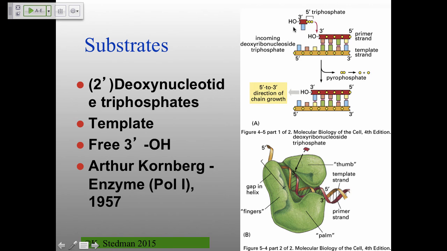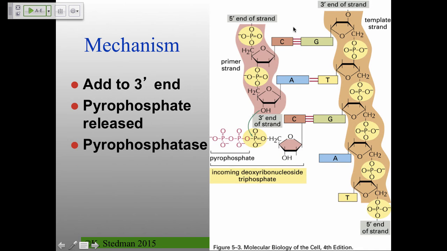It's just another way of looking at that activity. Base pairs happen here between the bases. You have hydrolysis of the pyrophosphate. This phosphate gets attached to the 3' OH, generates another 3' OH, and you move on through the whole process.